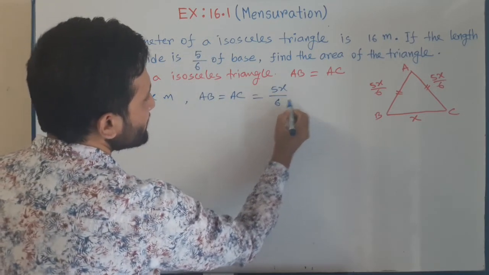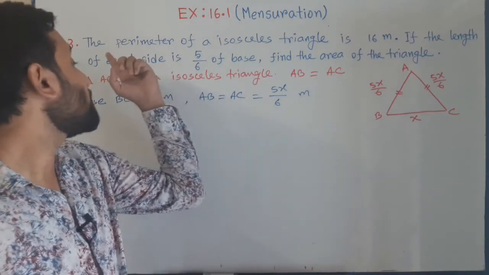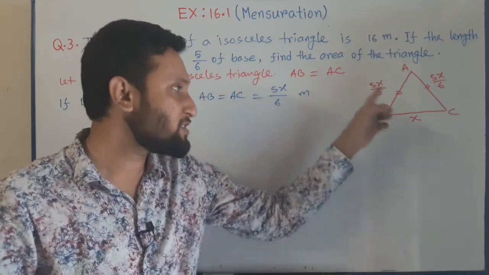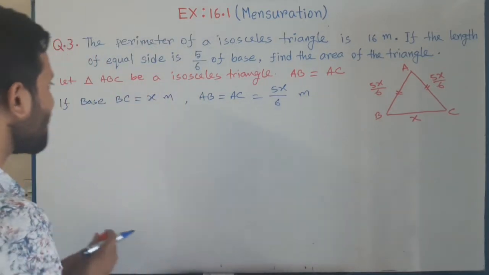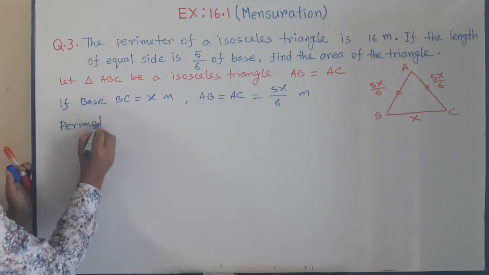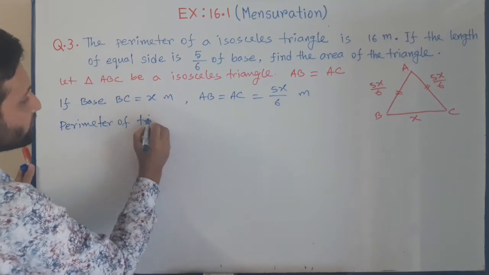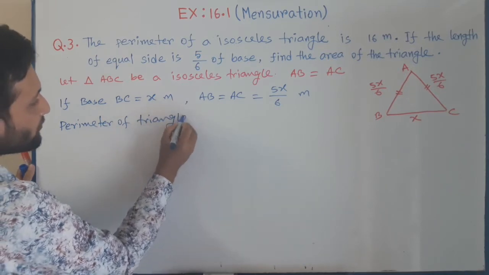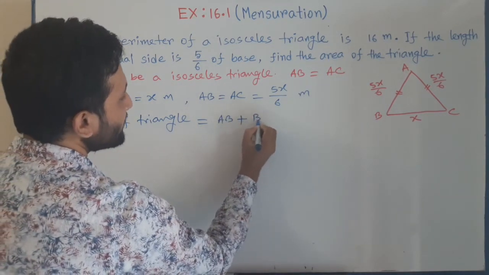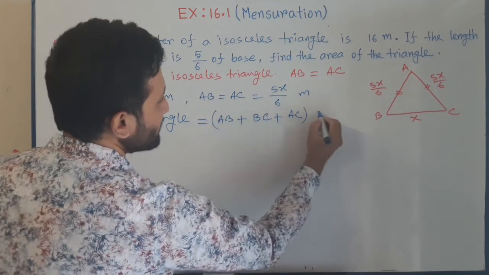Now in this question, the perimeter of the isosceles triangle is 16 meter. We know perimeter means the sum of three sides. So we can write the perimeter of this triangle is the sum of three sides, that means AB plus BC plus AC, unit meter.